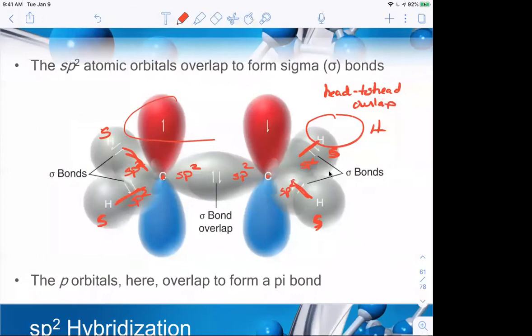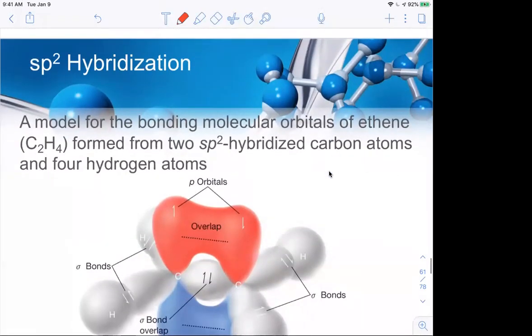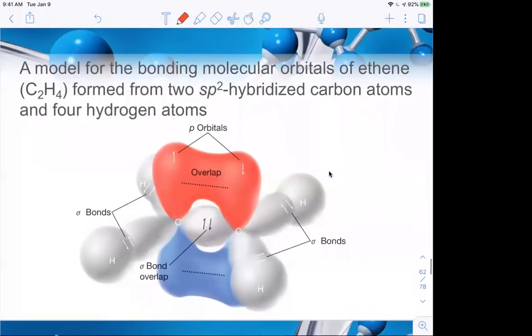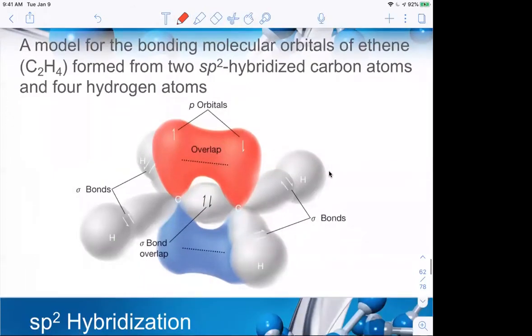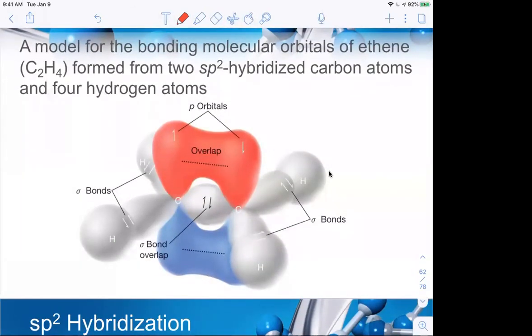Now here is where I'm going to get that side-to-side overlap. So when they combine, what I'm going to get is my pi bond. So if I look at how ethylene forms, right, remember what ethylene is. Here is my sigma bond, here is my double bond.